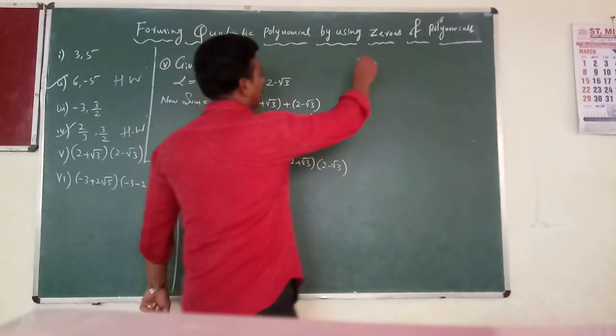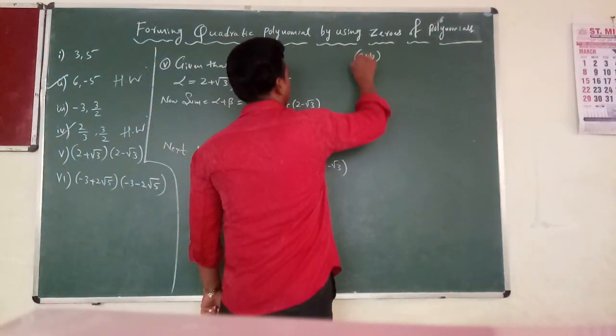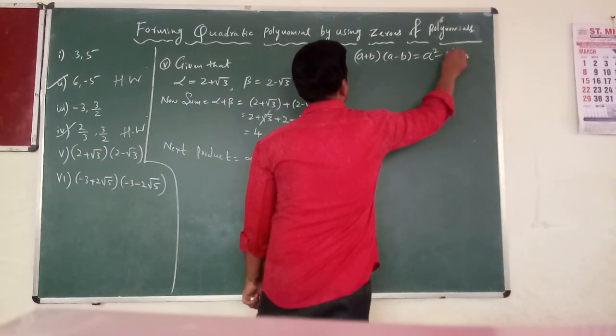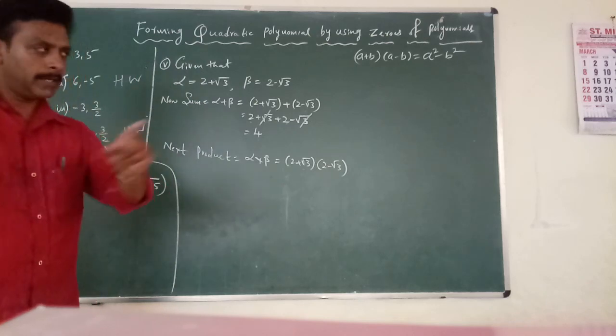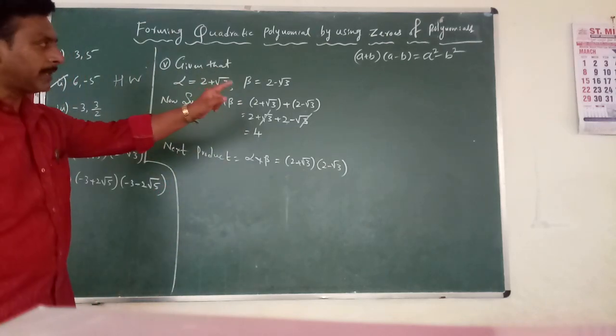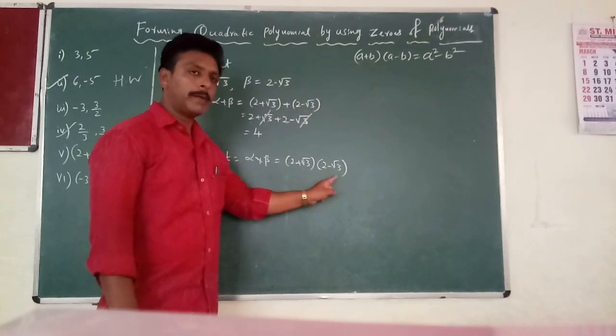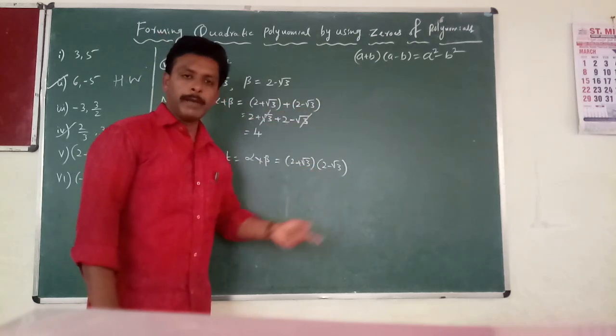If you remember, (a plus b)(a minus b) is equal to a square minus b square. Am I right? Same formula you have to apply. Look at the left side. First bracket plus, second bracket minus. Same, a plus b, a minus b form.